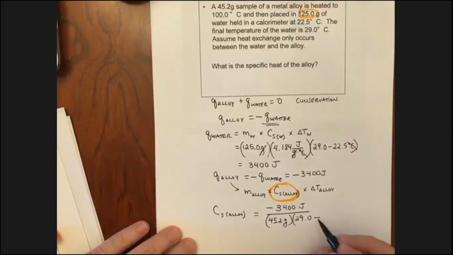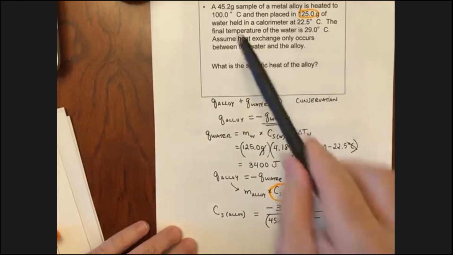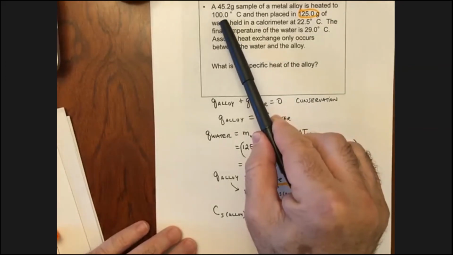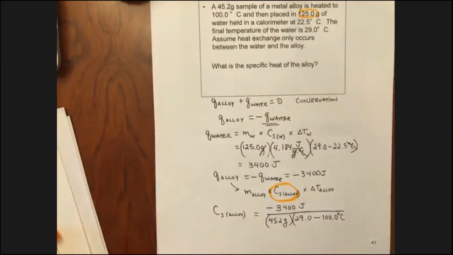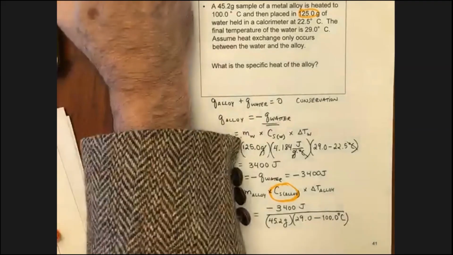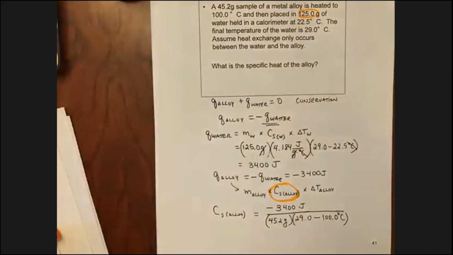What temperature did the metal start at? Well, it tells us here that it started at 100 degrees. I'm going to put that in there. And of course, make sure that you respect the sig figs: 100.0 degrees Celsius. Okay. And again, let me close the parenthesis here. And again, I am going to let you come in and do those calculations by yourself. I'm not going to do it.